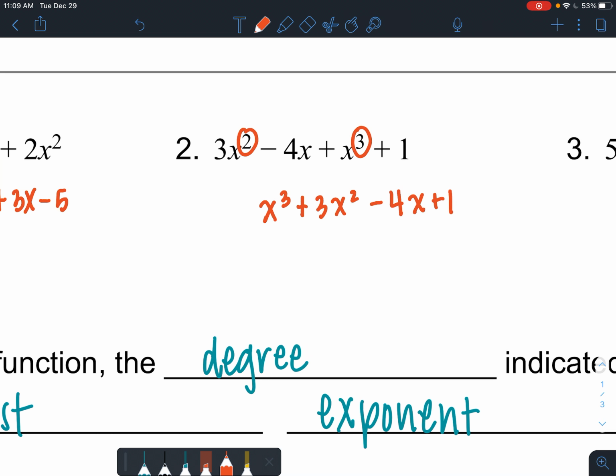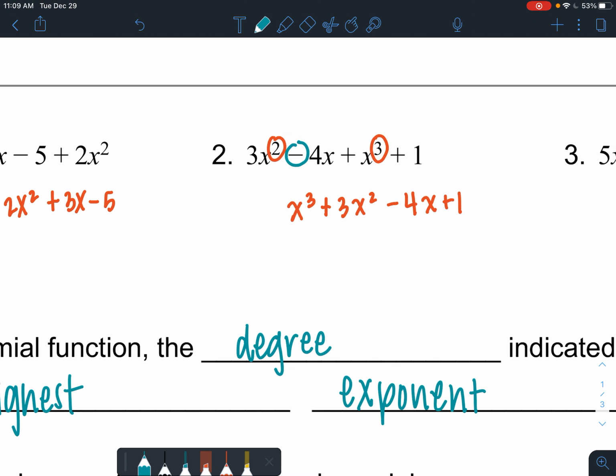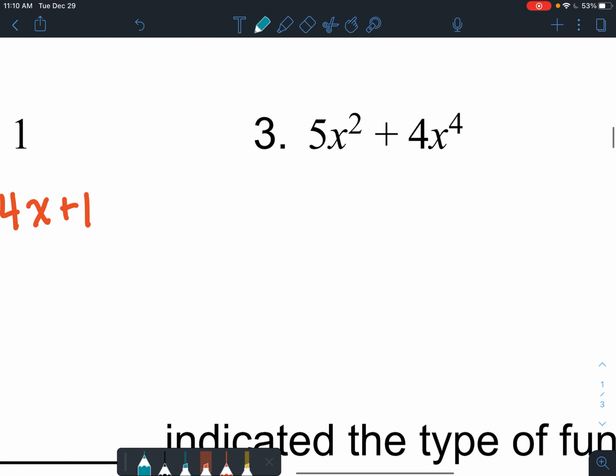We want to make sure we take the sign with it, so that negative 4x should stay negative 4x. And then finally, this one, these terms just switch. We get 4x to the fourth plus 5x squared.